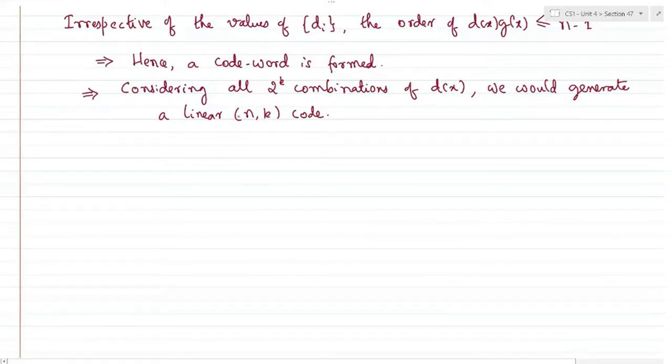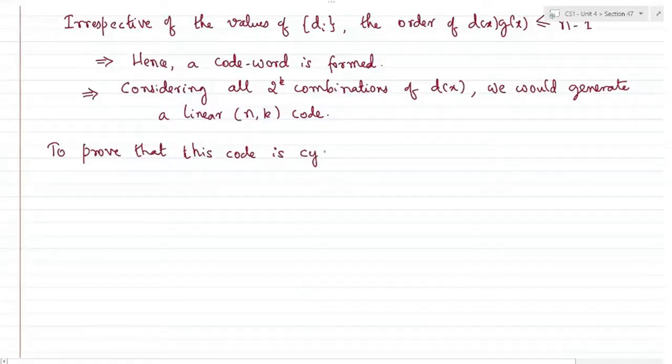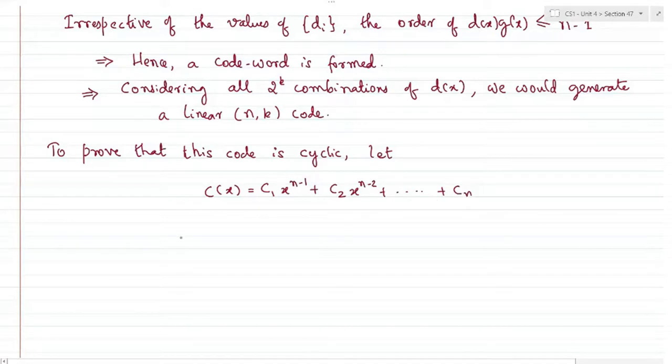To prove that this code is cyclic, let us define C of x as a code word, C1 x power n minus 1, C2 x power n minus 2, up to Cn, be a polynomial in this code.